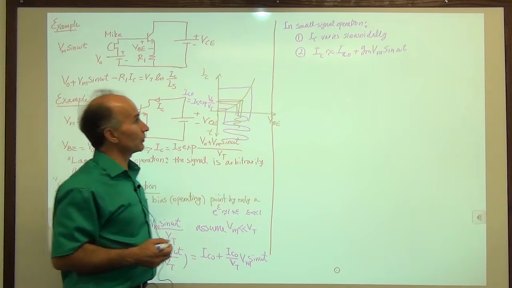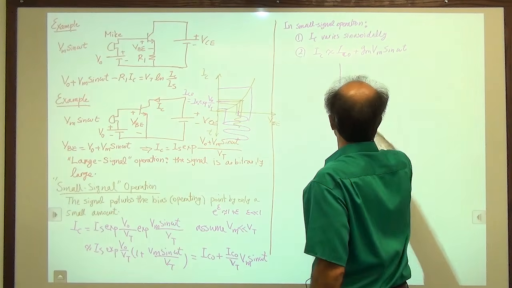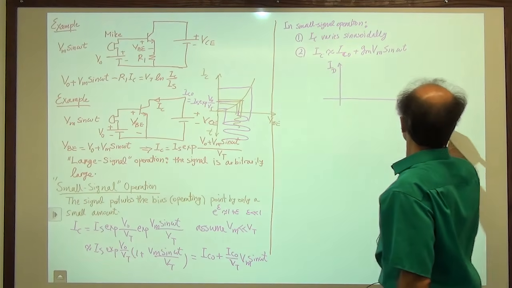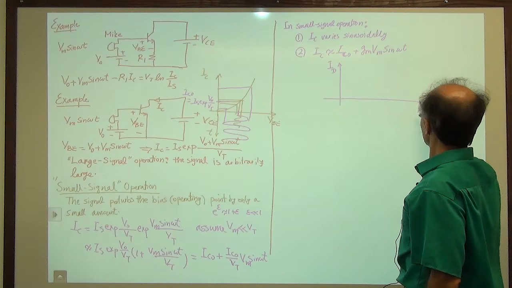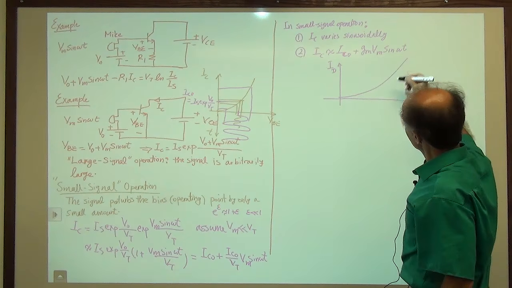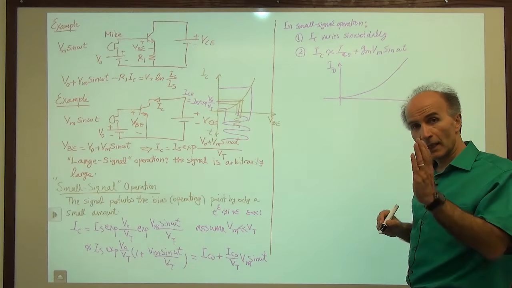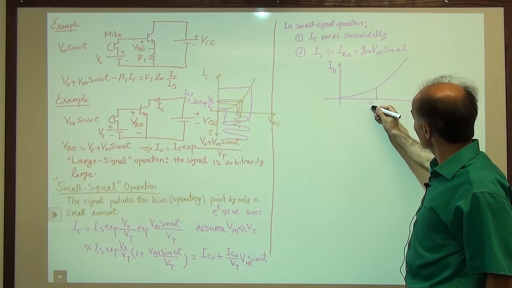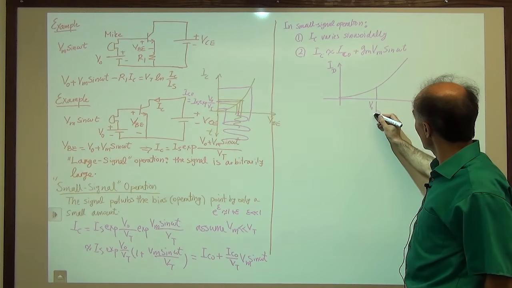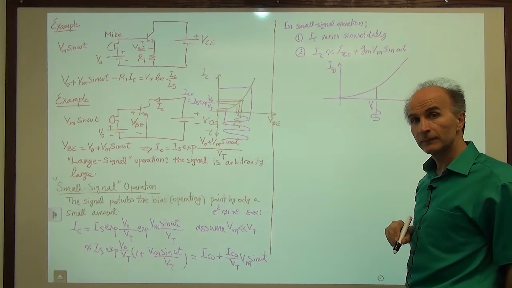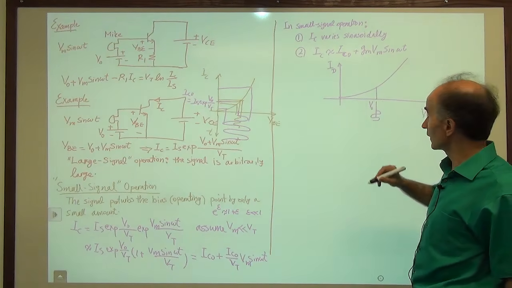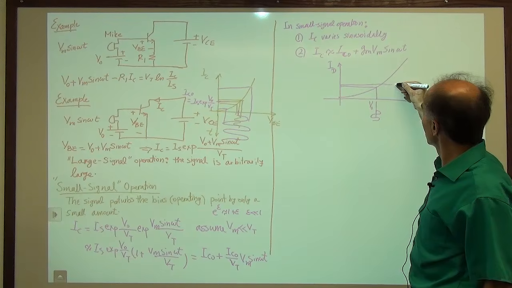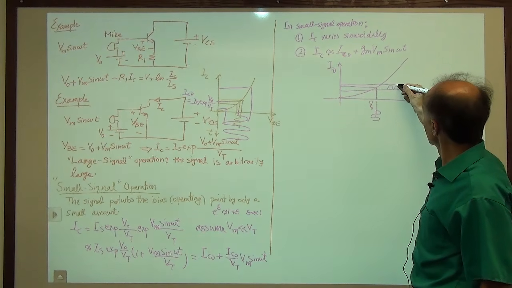Now, graphically, this should not be very surprising. Here's what's going on. If I draw ID versus VBE, we have an exponential function, and we are assuming a small perturbation. So here's our V0, and we are making a small perturbation here. Then this perturbation in the current, we are saying, is small and it's also sinusoidal.